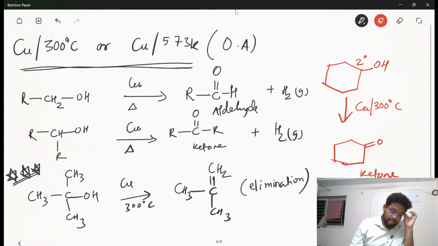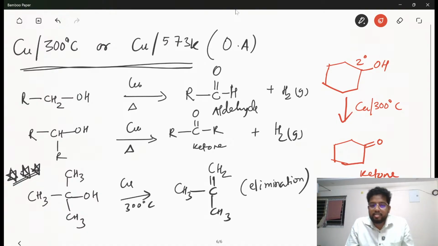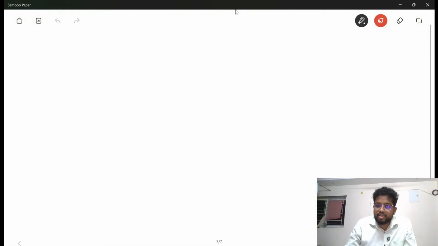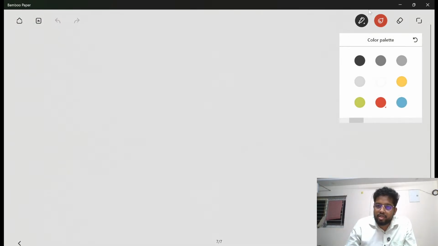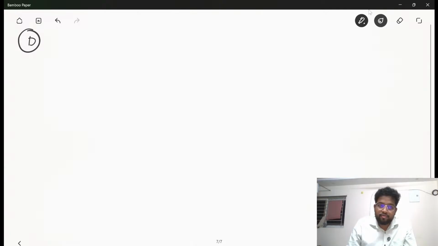Now, let's see how we can get the respective aldehyde from acid chloride. Sir, what is that acid chloride and how to get the respective aldehyde or ketones from acid chloride? We cannot get ketones, but we can get aldehyde.